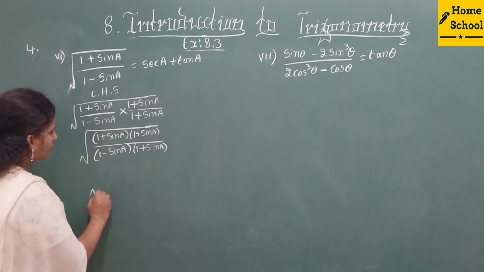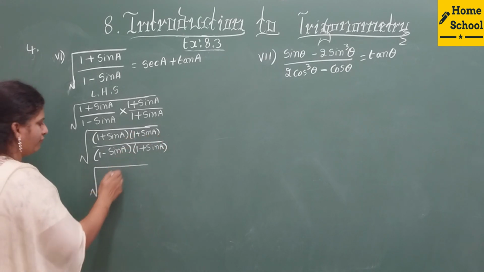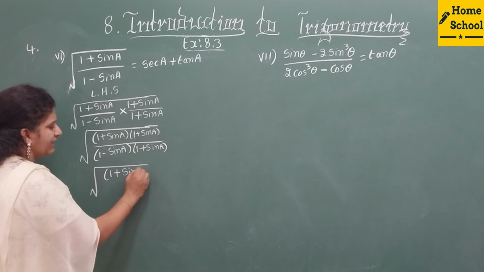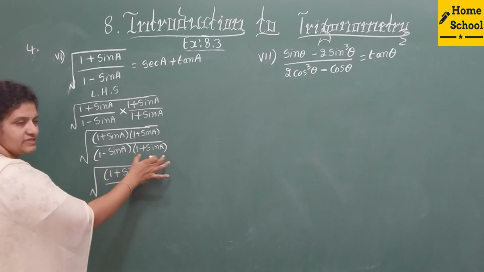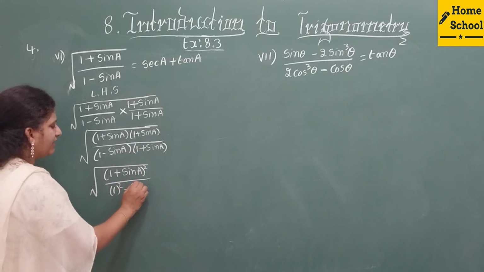So now square root of A plus B into A plus B form there. So I will take it as 1 plus sin A whole square. And now here A minus B into A plus B, A square minus B square.